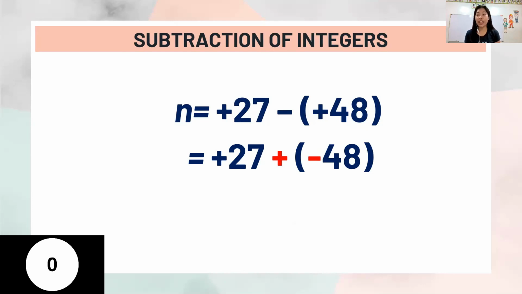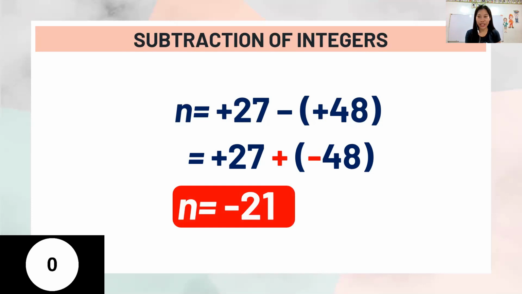And the opposite of positive is negative. Here, positive 27 plus the quantity of negative 48 is negative 21. Wonderful.